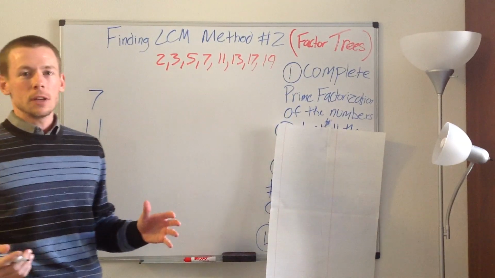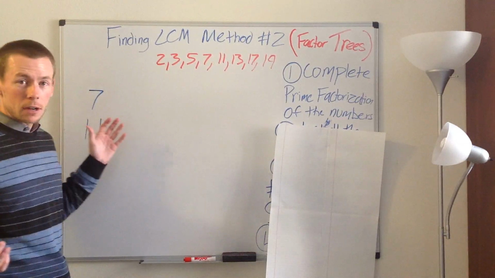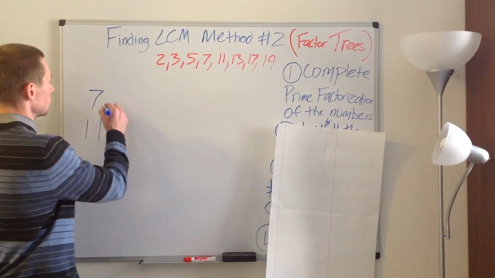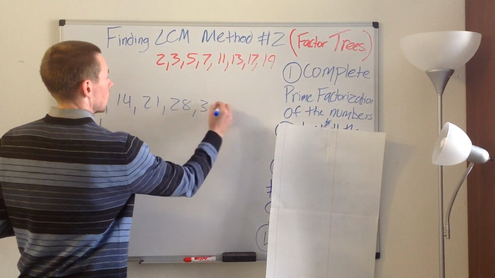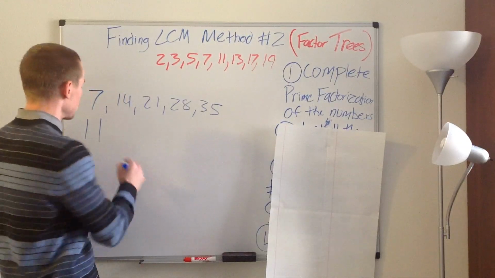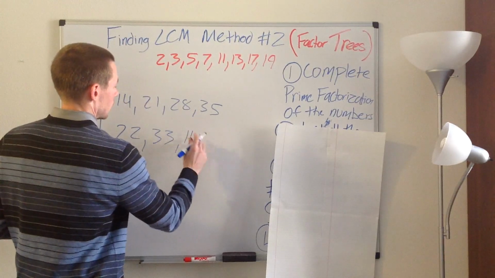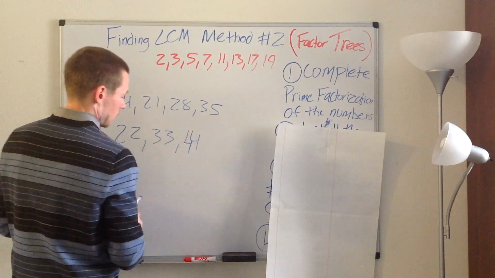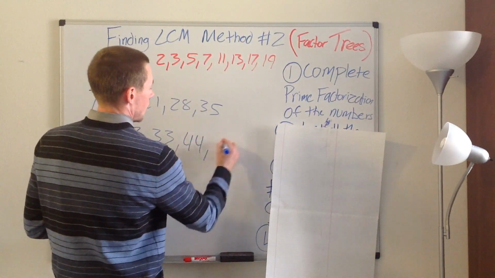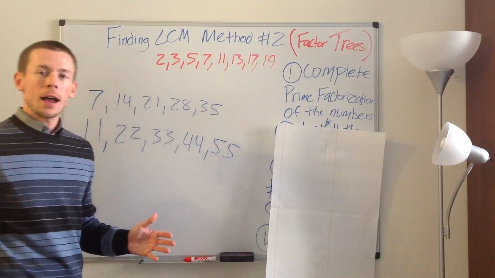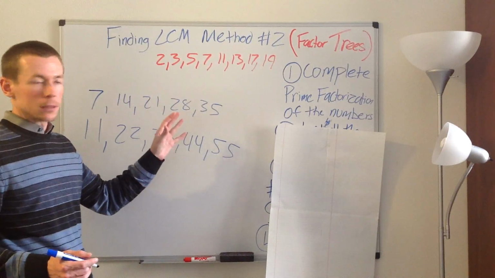What we saw in the previous video is that one way to do it was to list them. So if I pick two numbers here, say 7 and 11, and I start listing the multiples, I would then examine both lists and try to find the smallest number that they have in common.